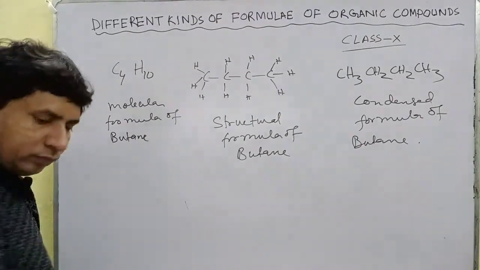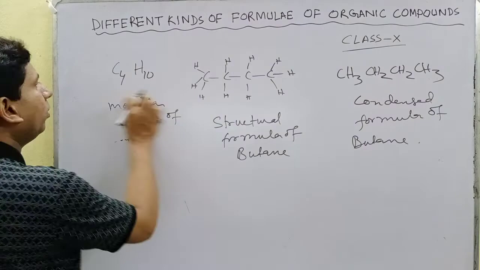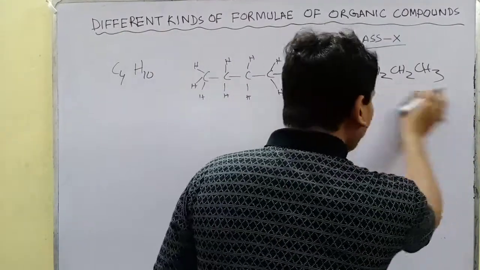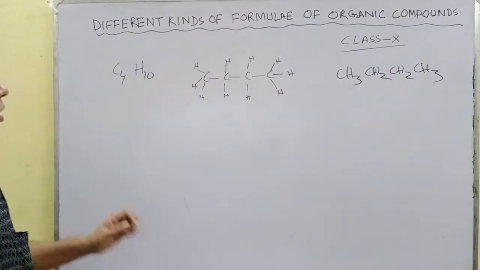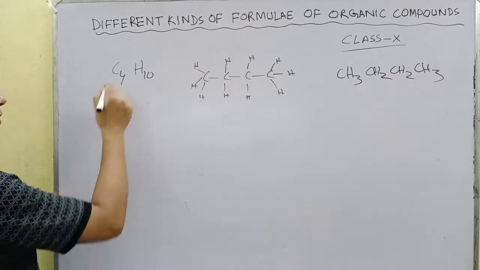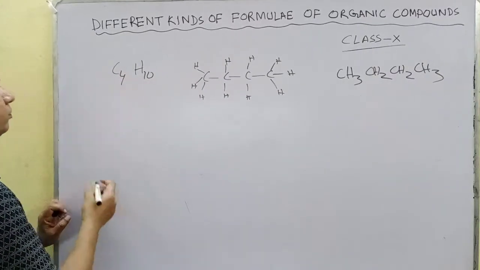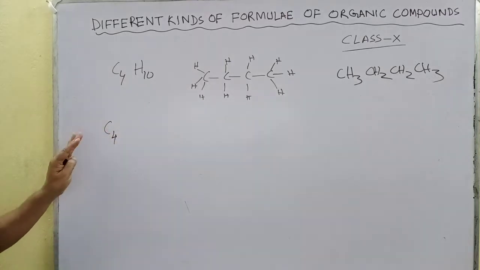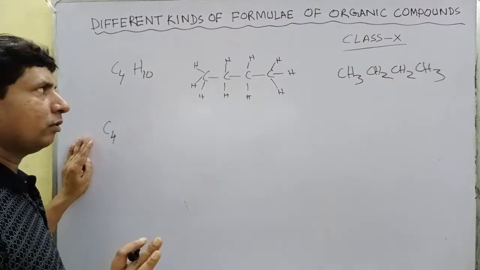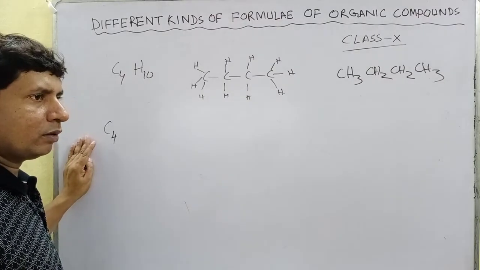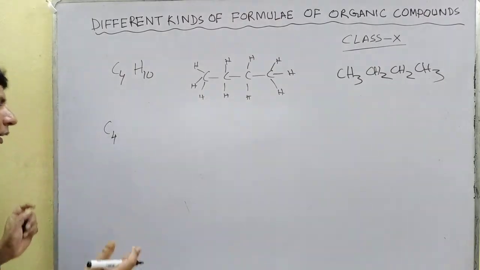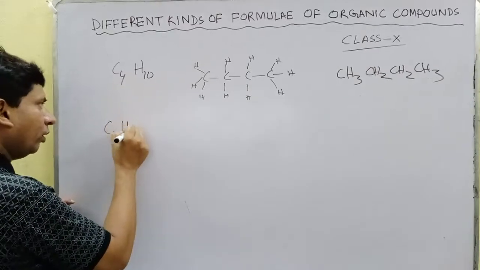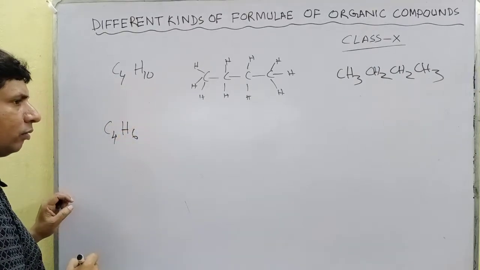And if it is butane, then what will be the formula? C4, the total number of carbon is fixed, and the total hydrogen will be 6.